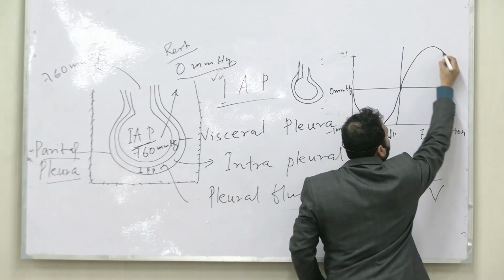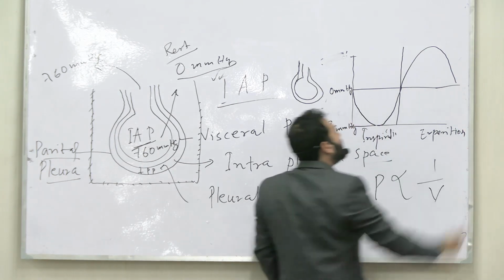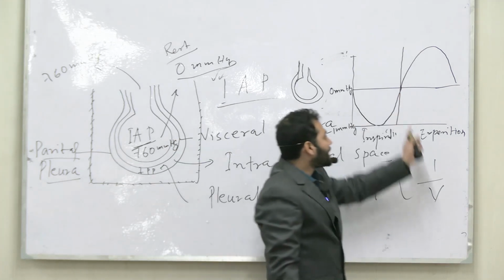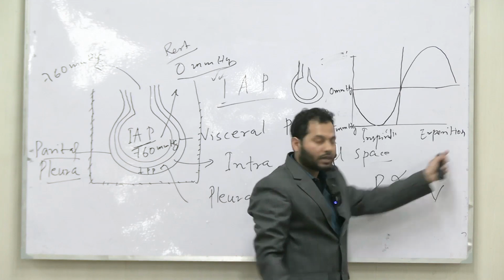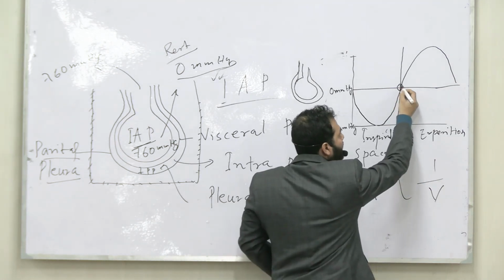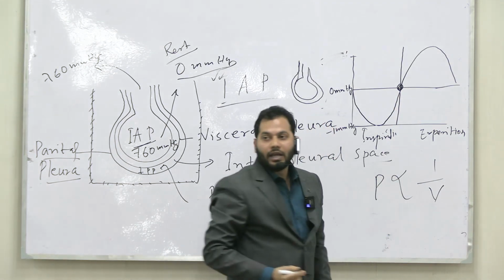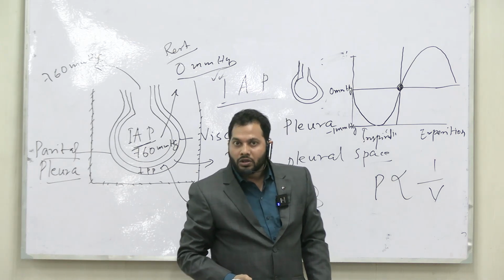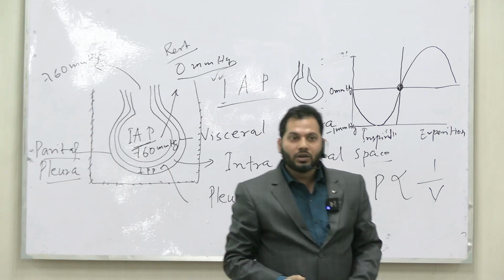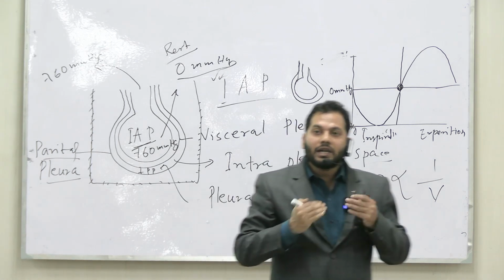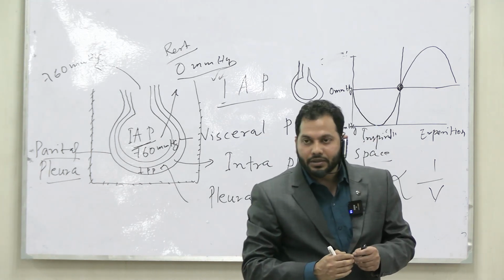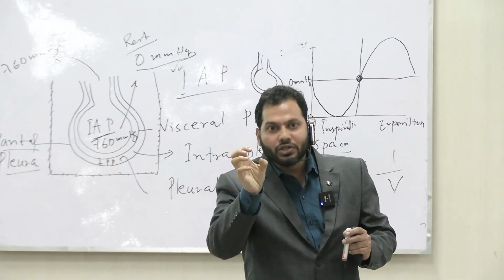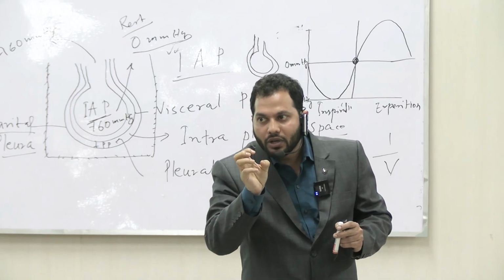Similarly, if you see the expiration pattern, in this particular state, the level of pressure is 0. During expiration, or at the beginning of the expiration, there is a shrinkage of lung alveoli, right?